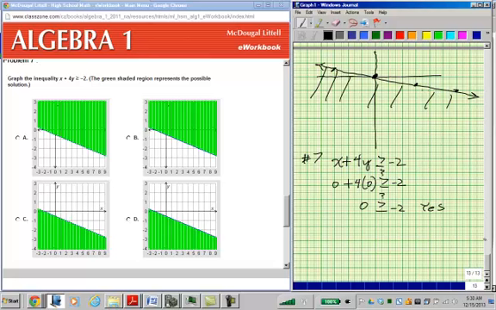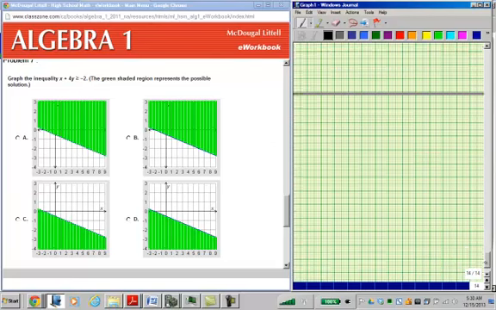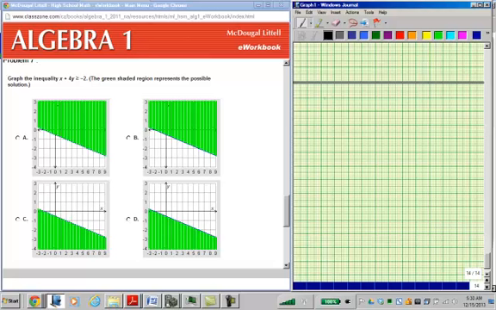Now, let's graph it, and we can graph it either way. So let's do x plus 4y. Let's do the intercepts since we're in standard form. If x is 0, then y is going to equal negative 2 over 4, negative 1/2. And if y is 0, x will equal negative 2.